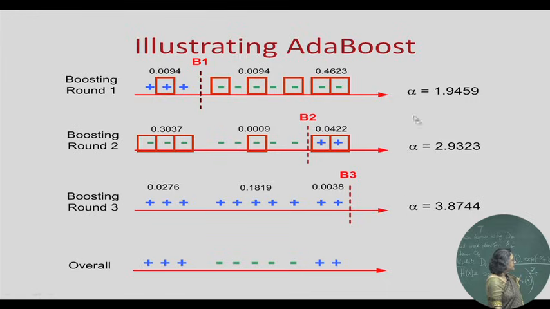Finally, these three classifiers are combined with alpha 1, alpha 2, alpha 3, and the overall classifier is able to label these as positive, these as negative, this as positive. In this particular case, boosting is able to combine these three classifiers into a classifier which is fully accurate.